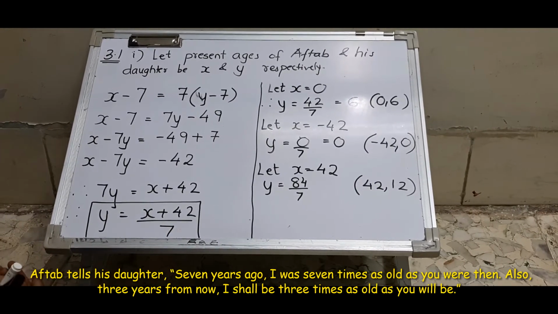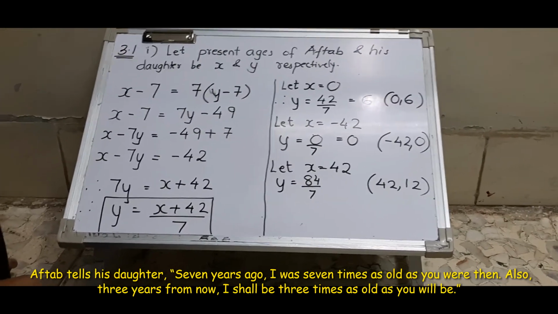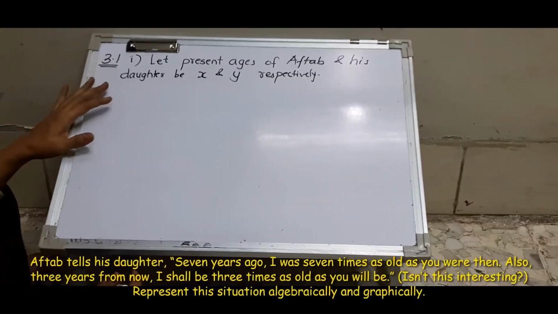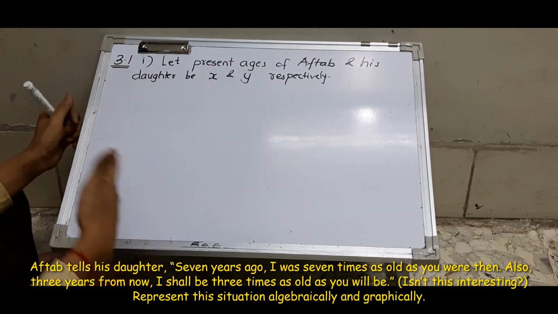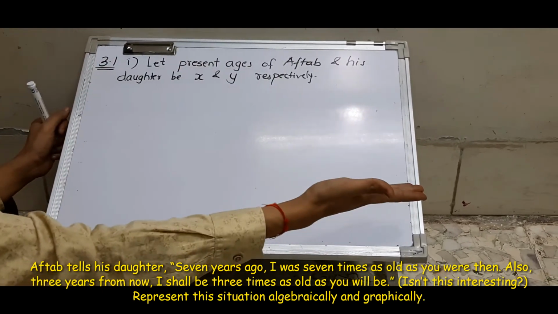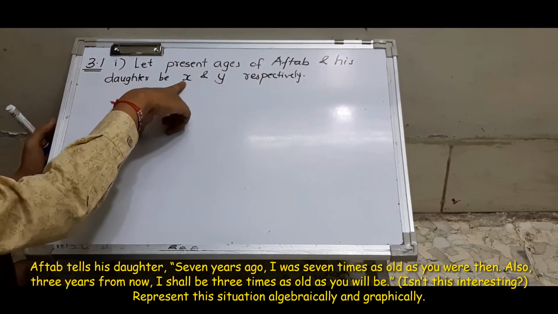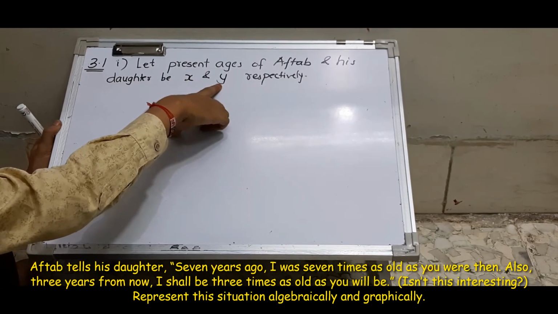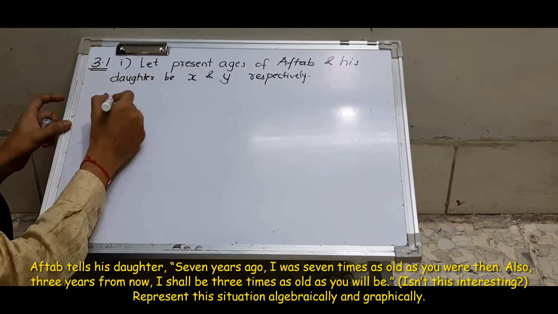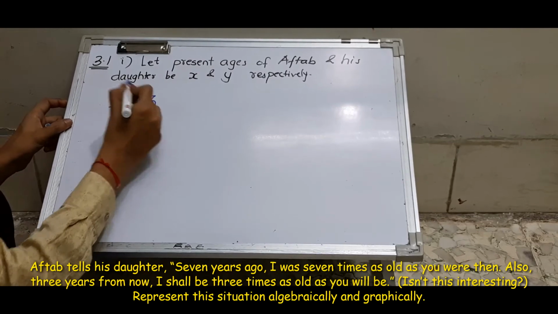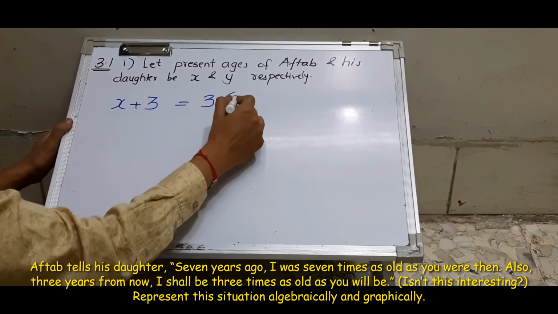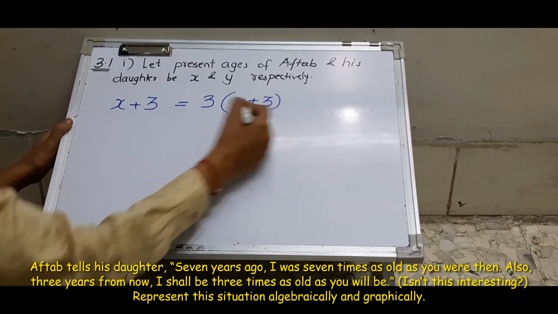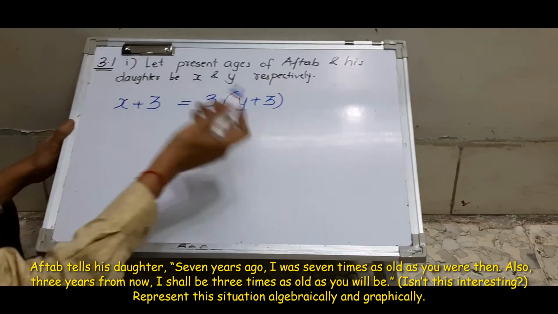Let's read the next sentence. Okay, now same question. The second equation is 3 years from now. Means from today, upcoming 3 years. So what will be his age? X plus 3. What will be the daughter's age? Y plus 3. So father's age after 3 years is 3 times daughter's age. Means after 3 years, I will be 3 times my daughter's age.